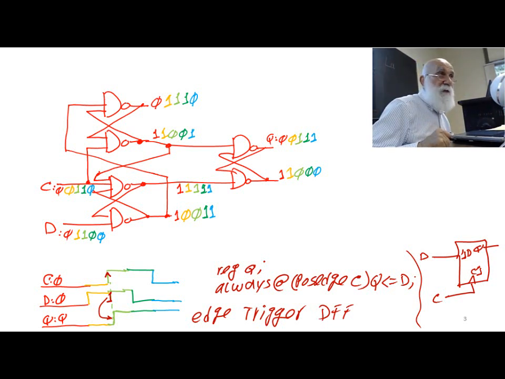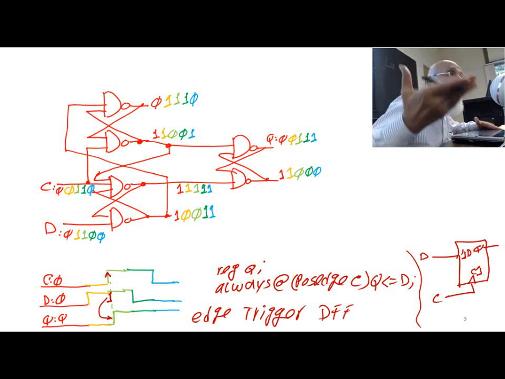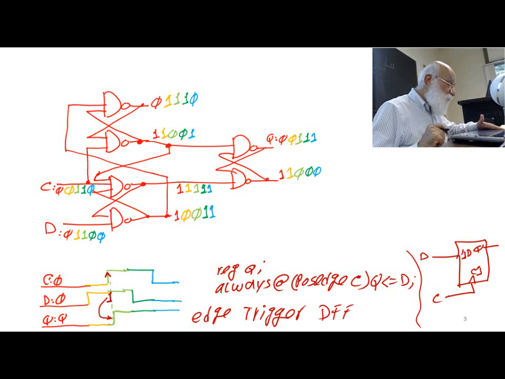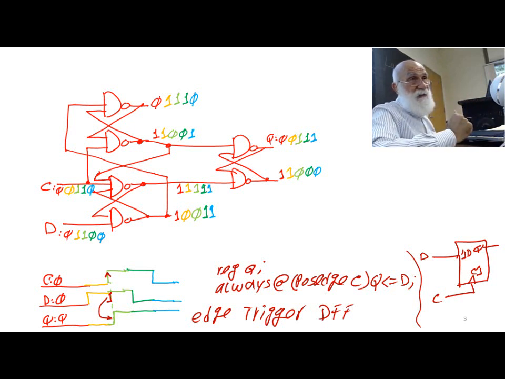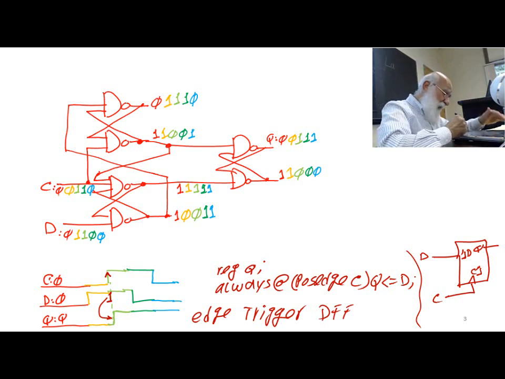What's the output going to be? Well, it can be 0, it can be 1. What if I want to force it into a certain value? I'm going to add signals to this flip-flop to force it into a certain state.